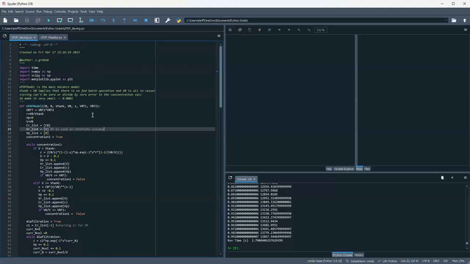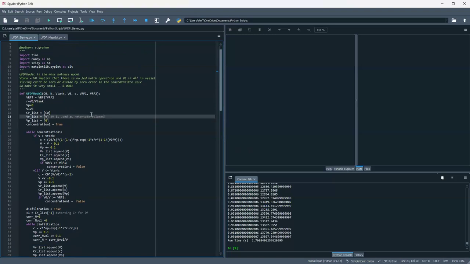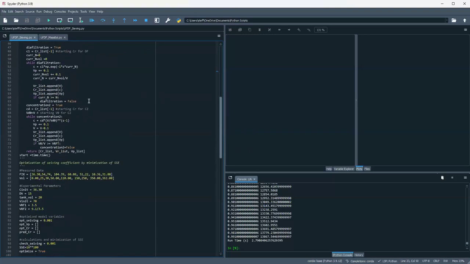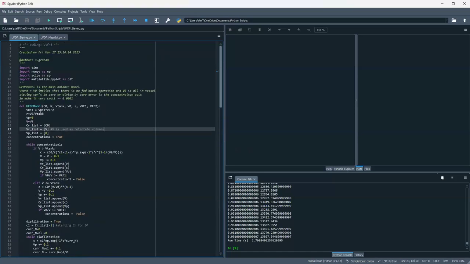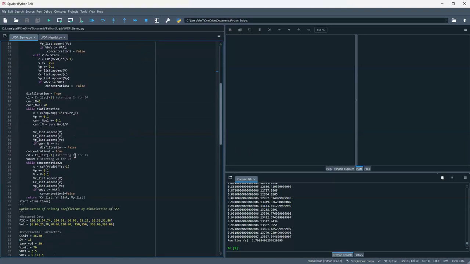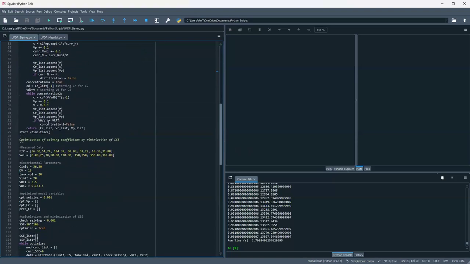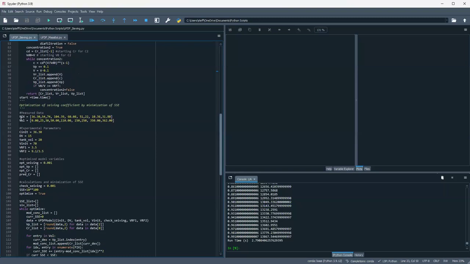I'm not going to go through all of this line by line, but if you want to copy this, feel free, pause the video and write down what I have here. As you are looking to model or determine sieving, this is what you're going to want to change. You're going to want to put in the concentration of your solute of interest, what those values are. And this is what I've highlighted here. This is the concentration of your solute of interest.